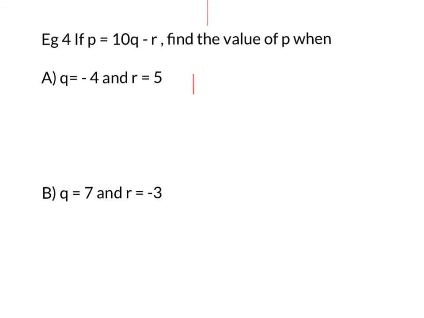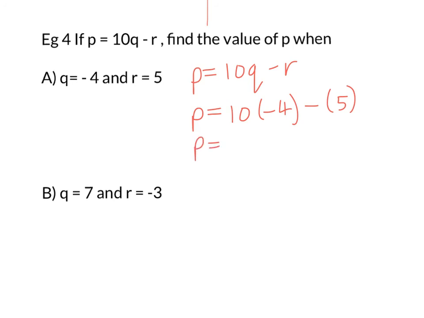So part A, we're trying to find the value of P. The question tells us that P is equal to 10Q minus R. And we know that Q is minus 4, so we can substitute in the negative 4 for Q. And R is 5, so we can substitute in the 5 there.